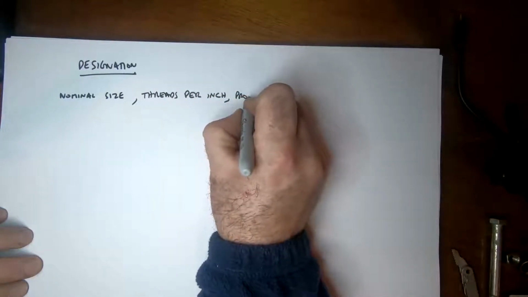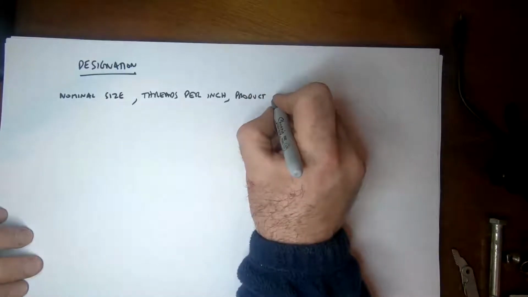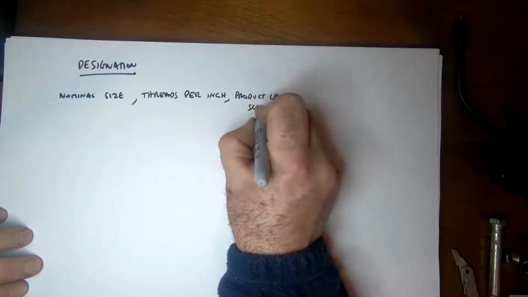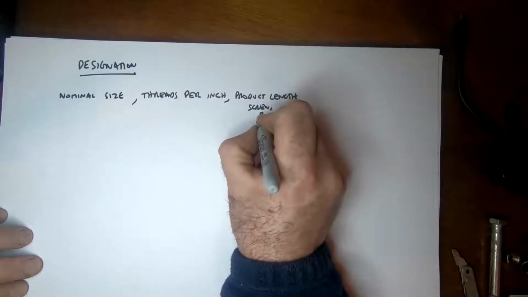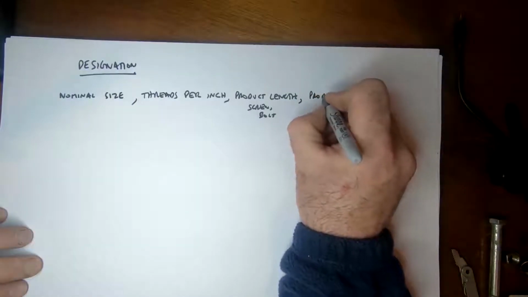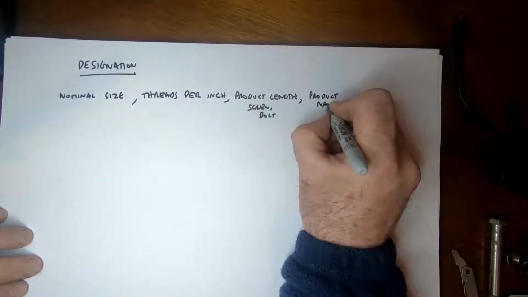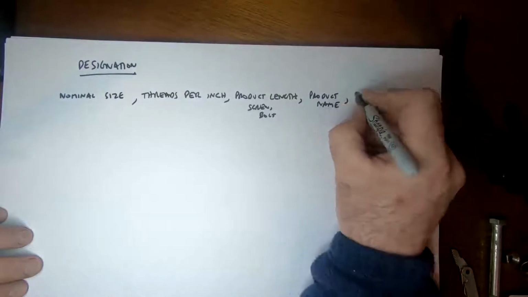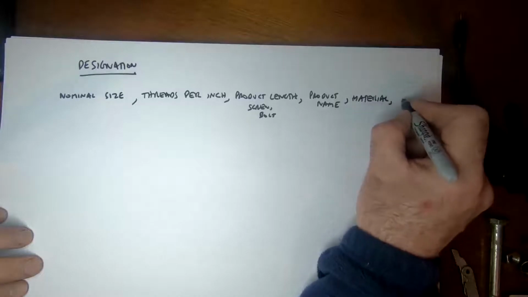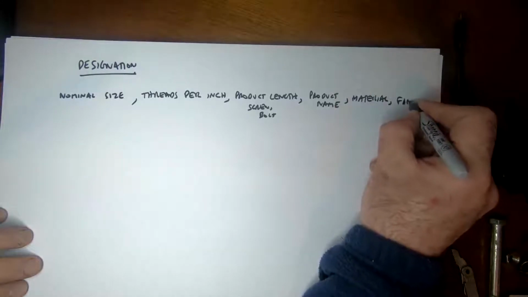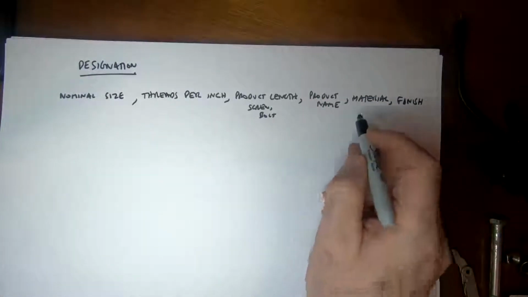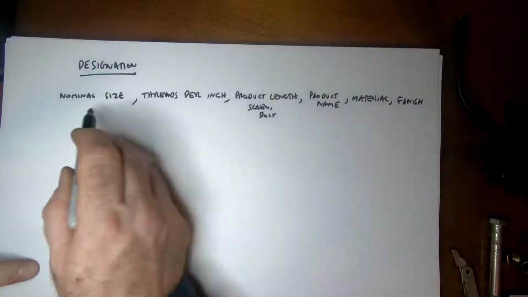Product length, so screw or bolt, not nuts. And the product name, if it has one. The material. And any special finish, if it's plated or whatever. So stuff at the end here doesn't always appear. Critical stuff is the first few.